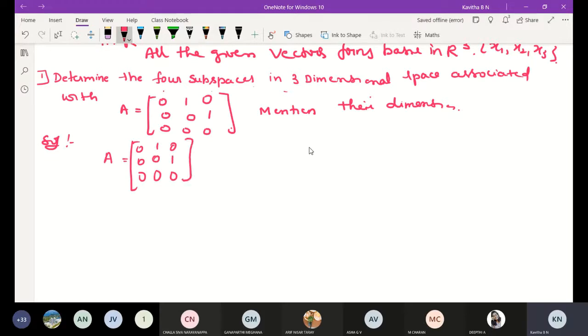Okay. Then the first one of the four fundamental subspaces. Observe, the first one is the column space.